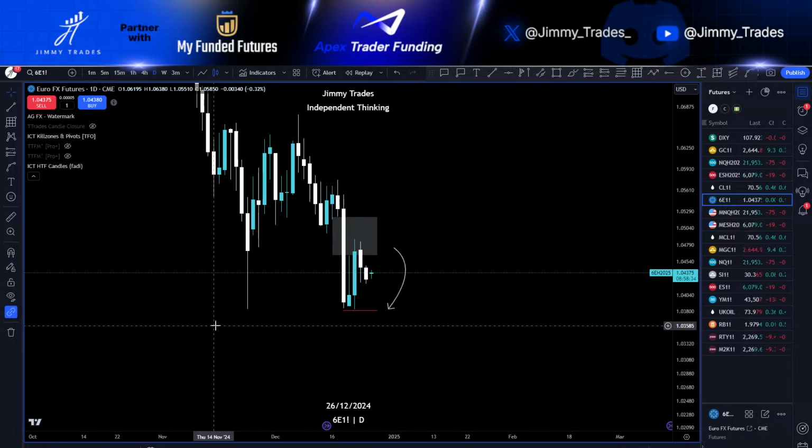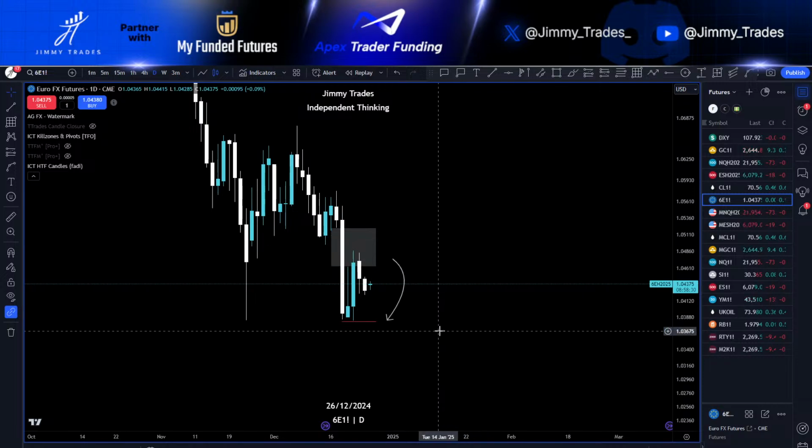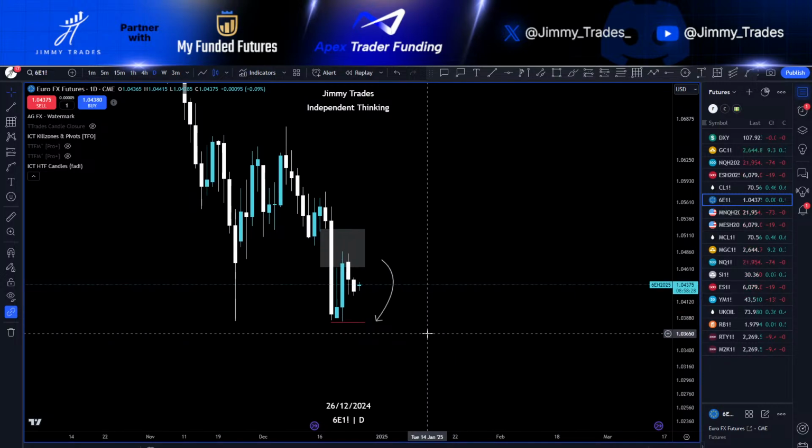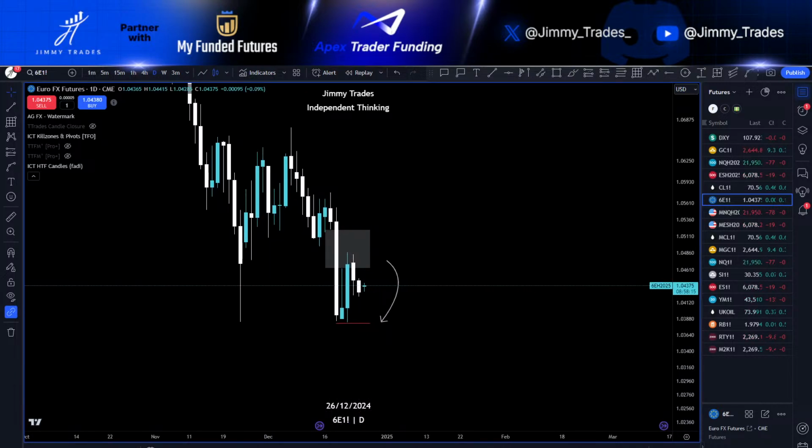One thing you can't do: if you've got an Apex account, for example, and then a My Funded Futures account, you can only have one instance of Tradovate open at a time. If you're using My Funded Futures, you can't log in to Tradovate, even if you open another tab.